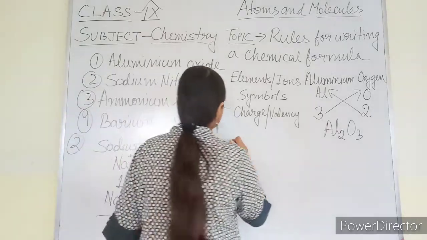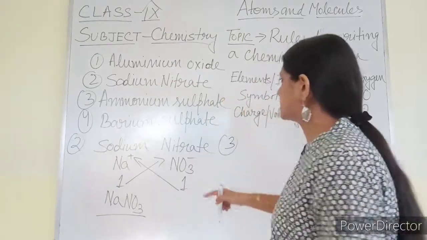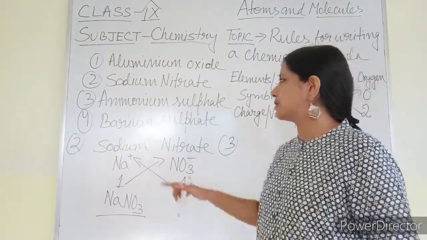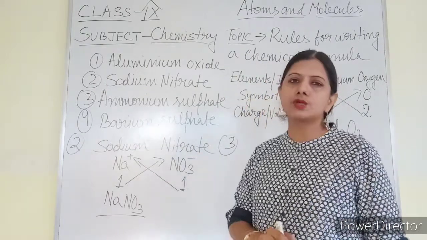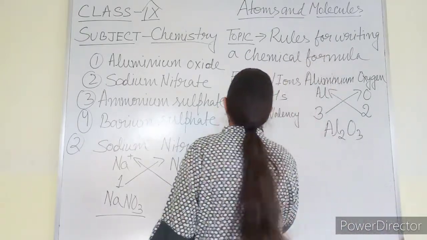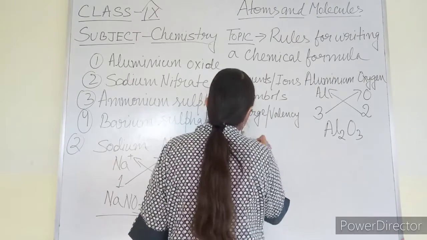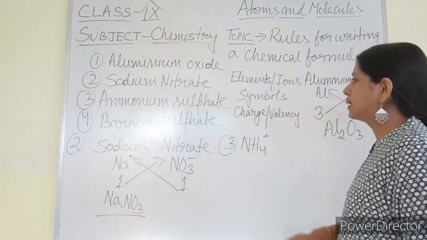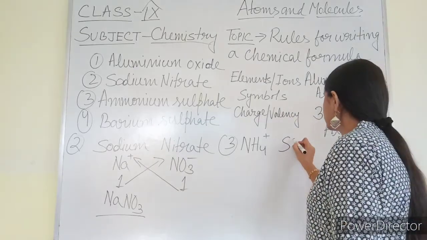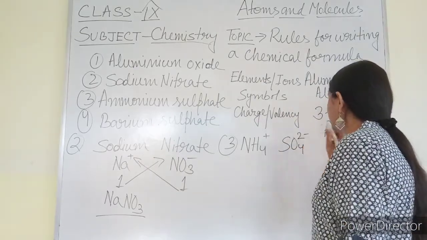Number 3 is ammonium sulfate. Ammonium is a radical and sulfate is also a radical. What are the symbols? Ammonium is NH4 positive. Sulfate is SO4 2 negative.